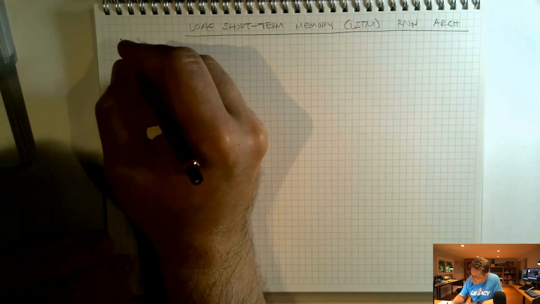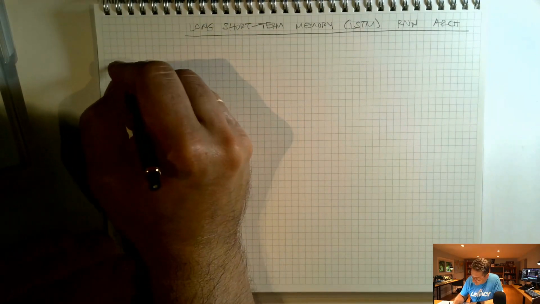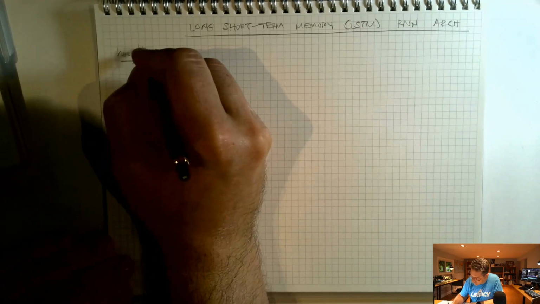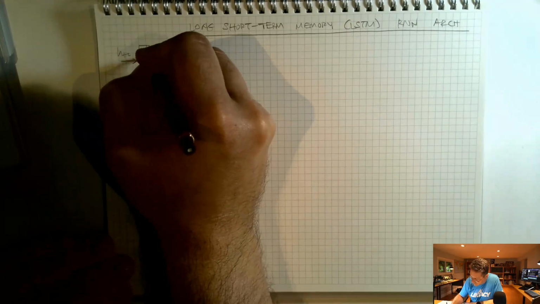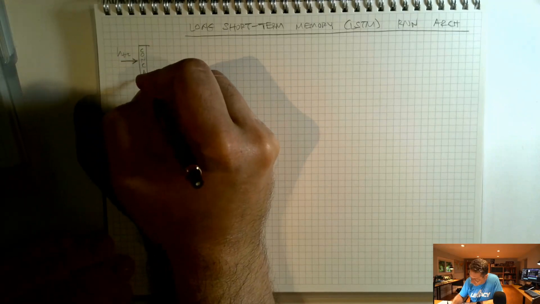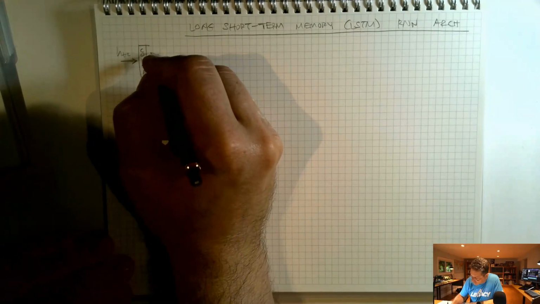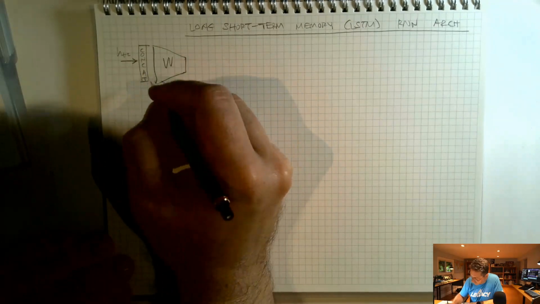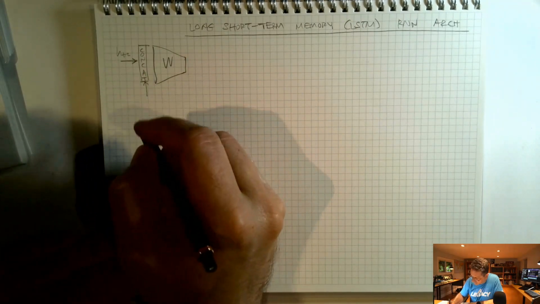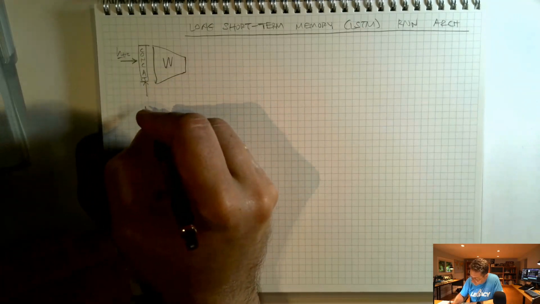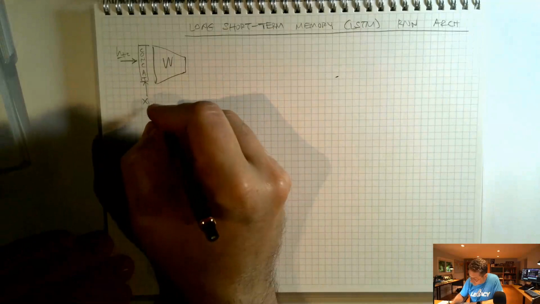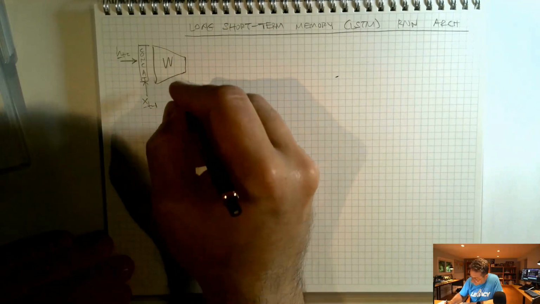To start this discussion, I'm going to redraw what we have seen earlier. This is the concatenation of the hidden state at t minus 2 and the current input, which is at t minus 1.